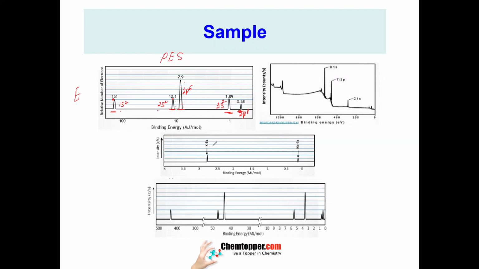This PES diagram is of which element? Aluminum. That's the application part of the PES diagram. Now you can understand that more energy is needed for shell number 1, then shell number 2, then shell number 3.